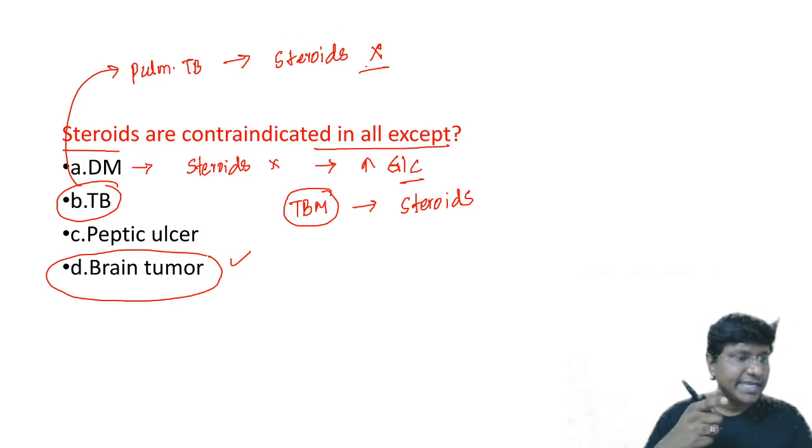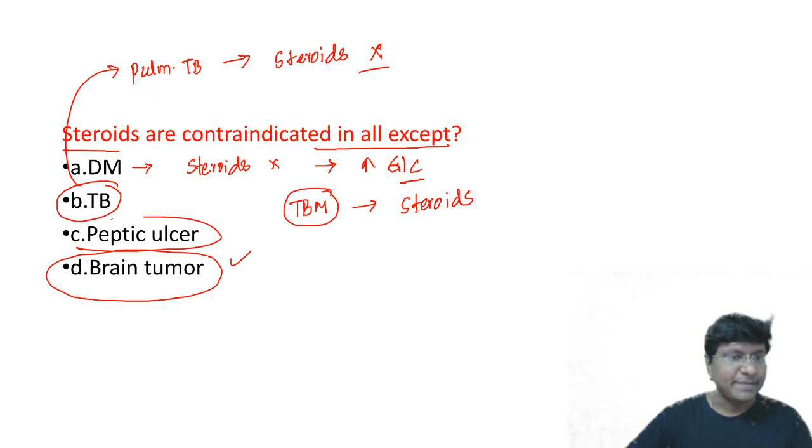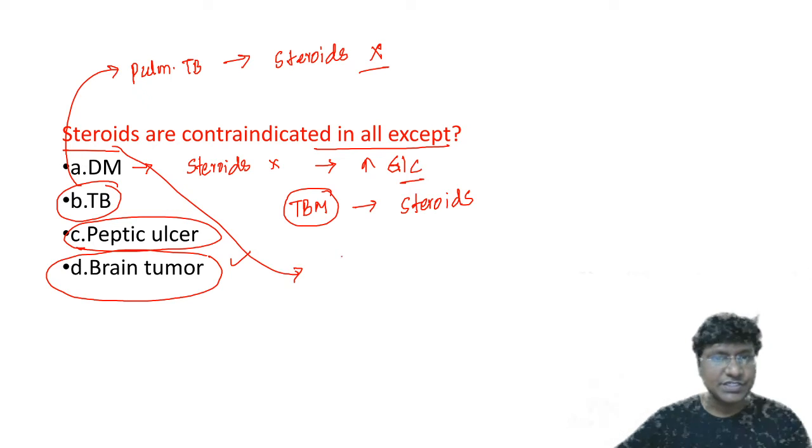But the point is, he did not mention whether it is pulmonary tuberculosis or tubercular meningitis. So that is the reason why I will not use steroids in tuberculosis. Next, in case of peptic ulcers, let me tell you one of the adverse effects of steroids.